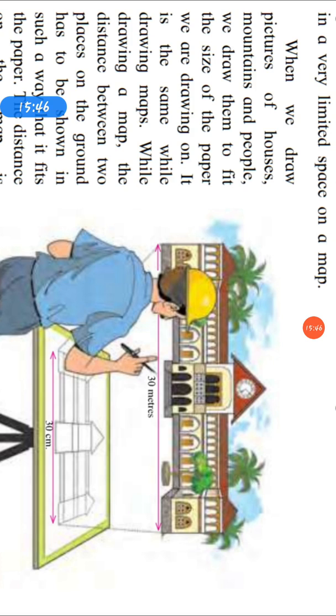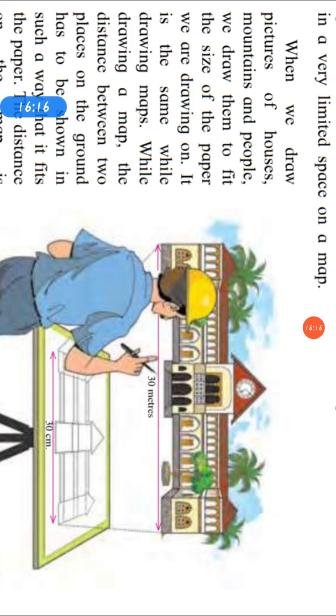But what we do, we draw a small picture of that person. So in that way we draw the picture of houses, mountains, etc. that fit into the paper where we are drawing. It is the same while drawing maps.